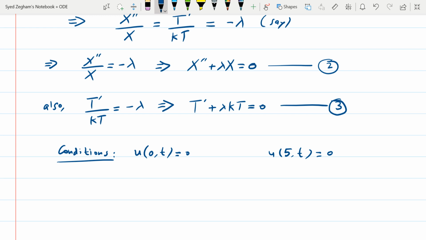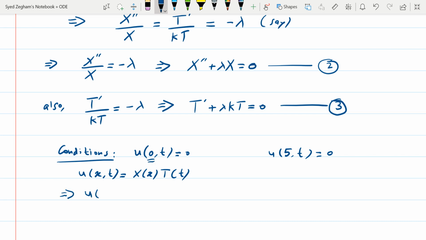And our solution is of the form u(x,t) equal to X as a function of x and T as a function of t. Okay, now if I put x equal to 0, what will I get?